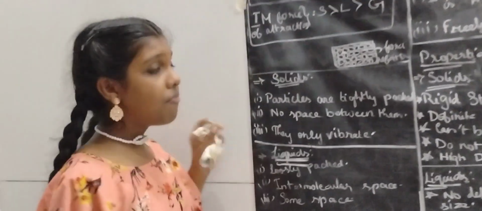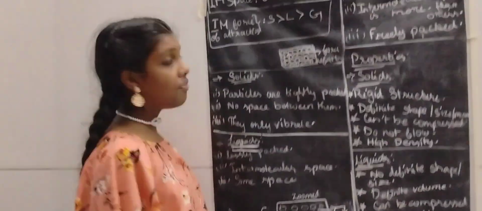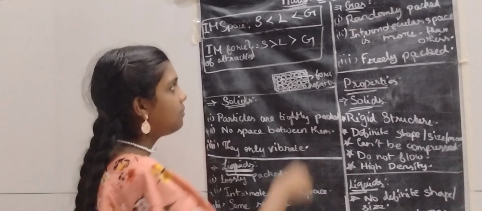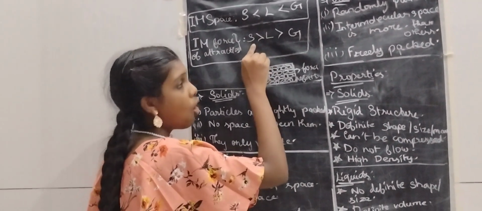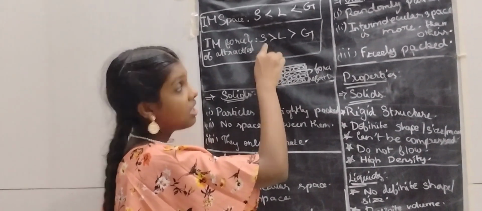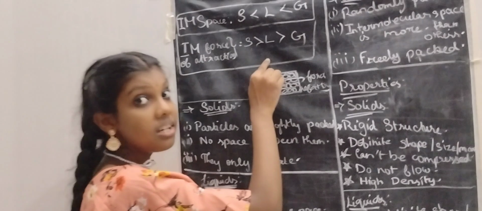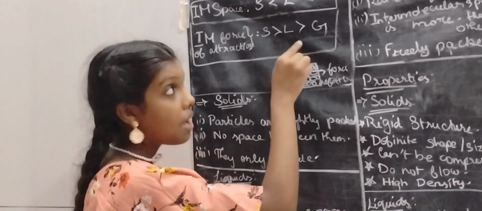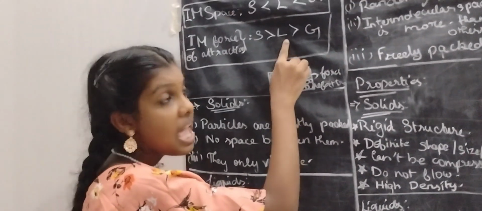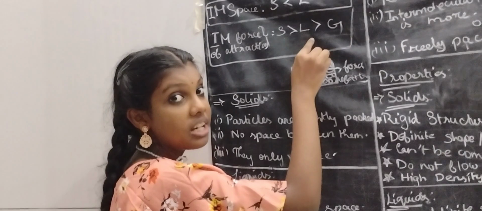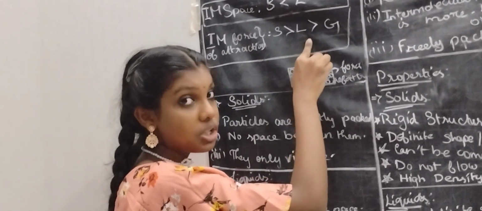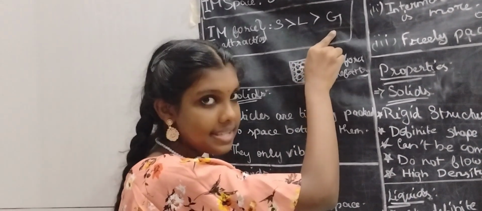Now if we see the intermolecular force of attraction, then see that solids have greater force of attraction compared to liquids, and liquids have greater force of attraction compared to gases.